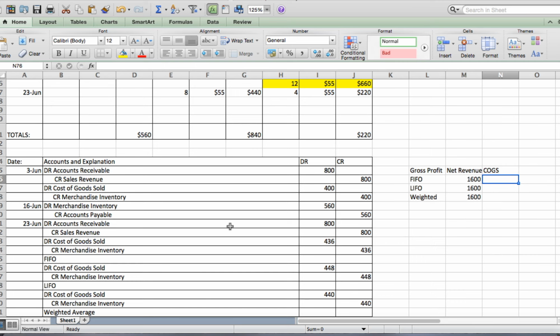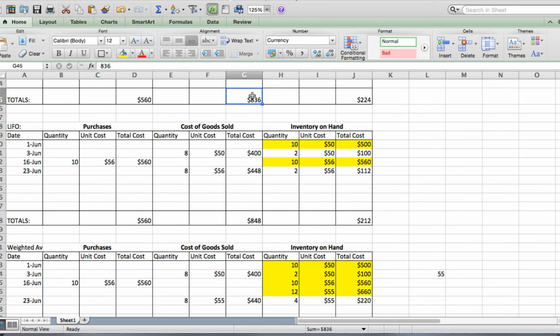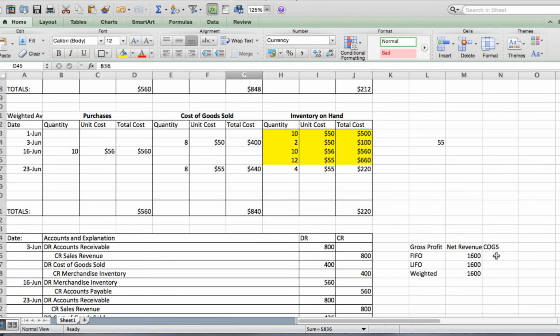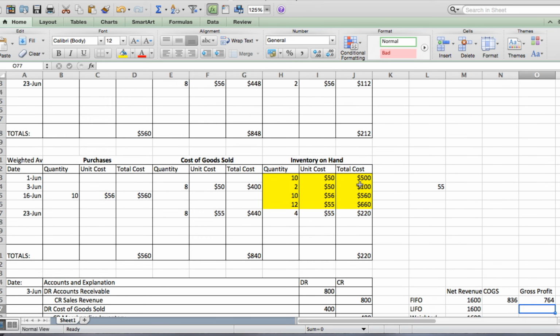So for FIFO, our cost of goods sold was right here, $836. So my gross profit over here is just net revenue minus cost of goods sold. So my gross profit there for FIFO, $764. Cost of goods sold for LIFO, $848.